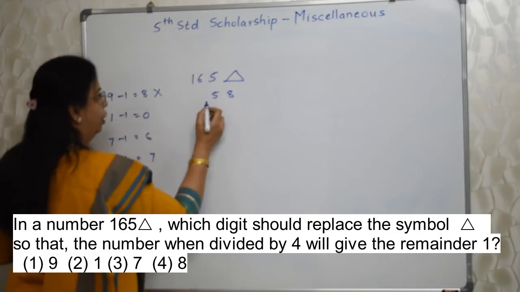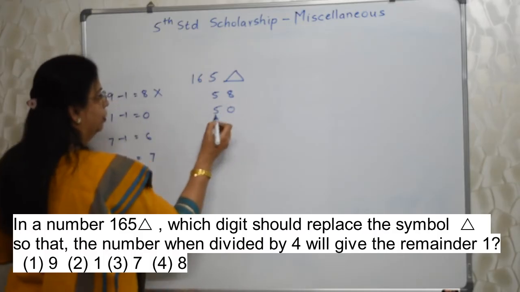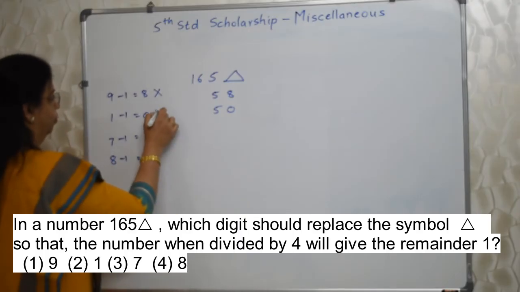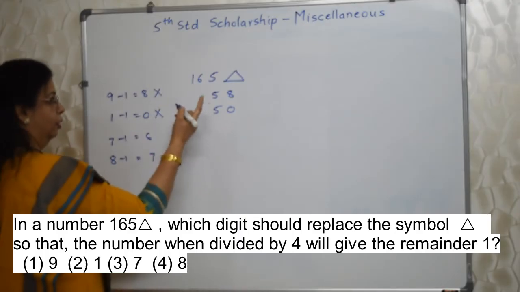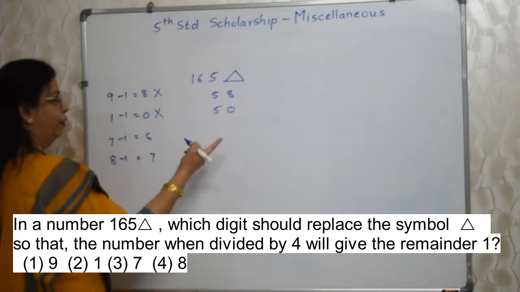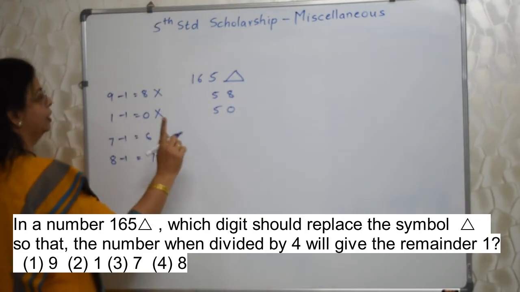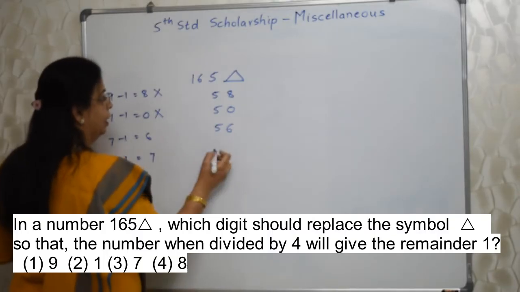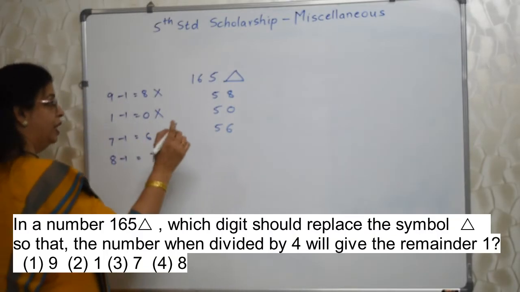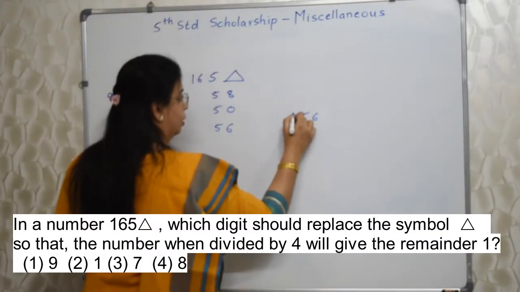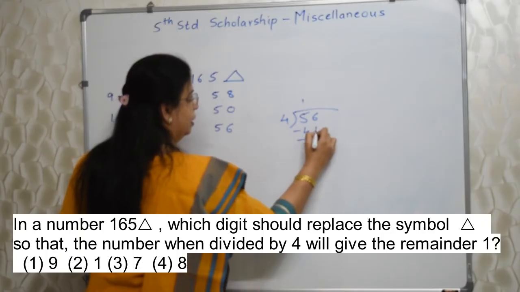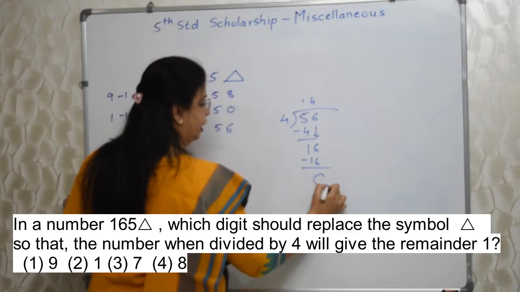If I put 0 here, then it will be 50. Is 50 completely divisible by 4? No. You can do that. Divide this by 4 and see. If you get remainder 0, then you can say it is completely divisible. 6. So it will be 56. Yes, when we divide 56 by 4, then the remainder is 0.